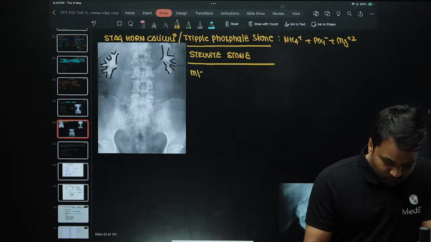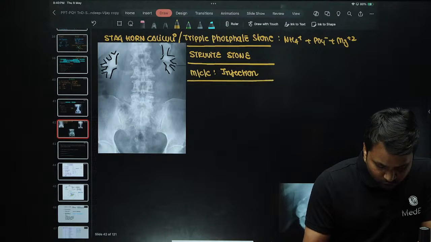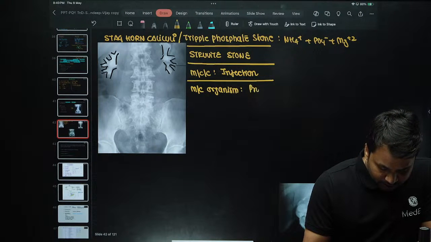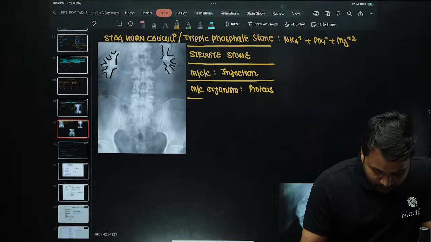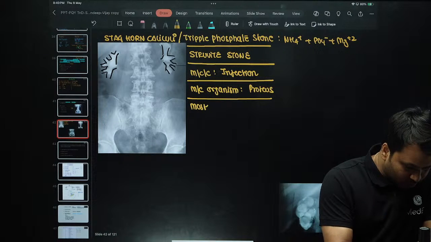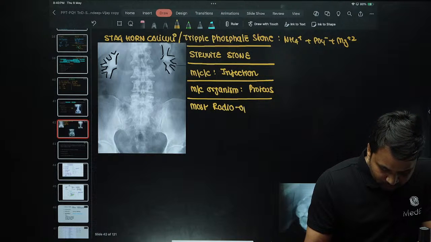The most common cause of phosphate stone is going to be infection, and the most common organism causing this is Proteus. Now remember, phosphate stones are considered to be the most radio-opaque stones.